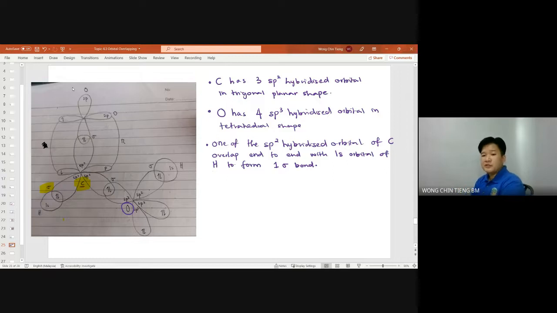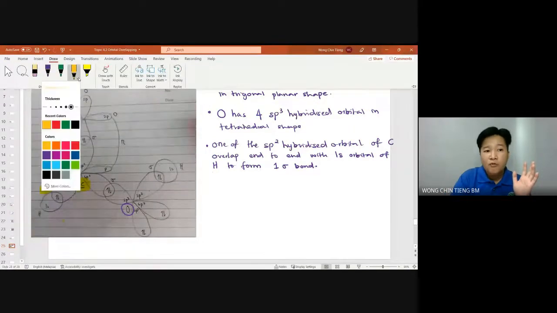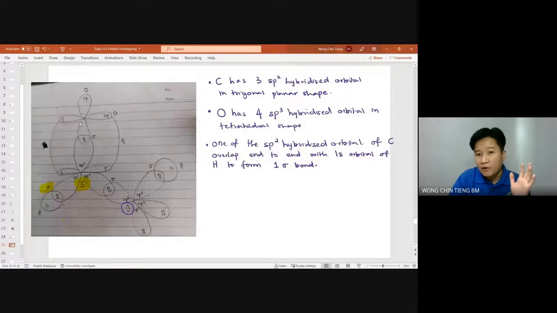Apa maksud Miss Wong bila Miss Wong kata kita boleh explain lukisan kamu? Alright, dalam lukisan kamu, yang kamu kena explain again, semua benda yang kamu dah tahu. Always start with the central atom no matter how many central atom you have. And in the central atom, cara kamu explain guna type of hybridization dan juga shape of the hybridization.